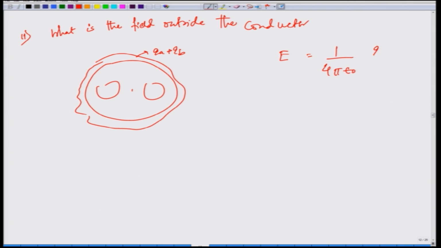So in this case Q total is QA plus QB, so E is QA plus QB by R square, R cap, for R greater than R. The third part of the question says what is the field within the cavity?